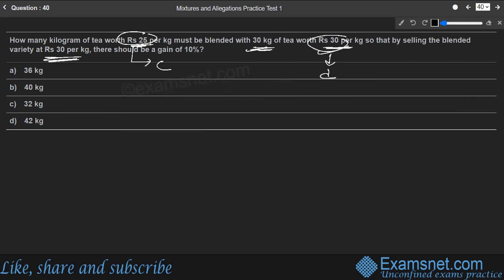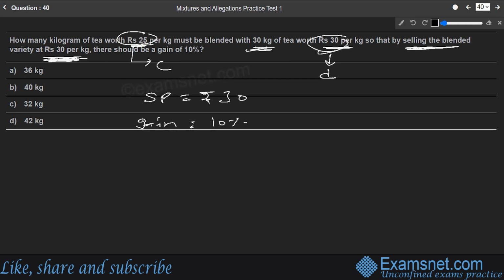So first of all, we need to find the cost price of the mixture. They have given the direct selling price: selling the blended variety at rupees 30 per kg. So the selling price of the mixture is rupees 30. The gain we are to have is 10%.